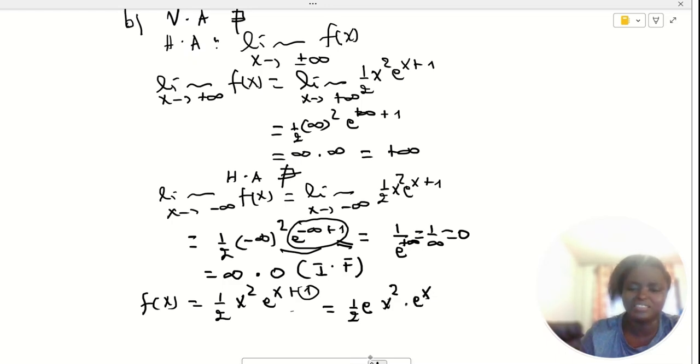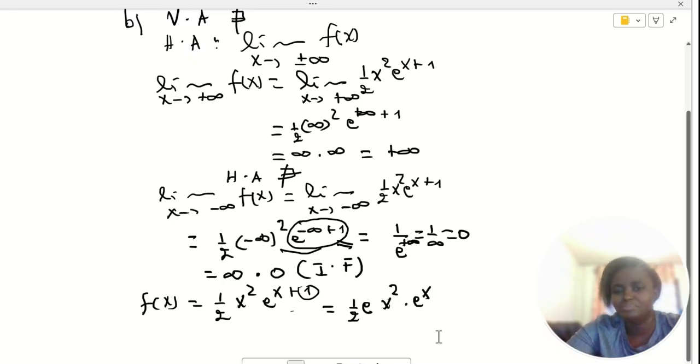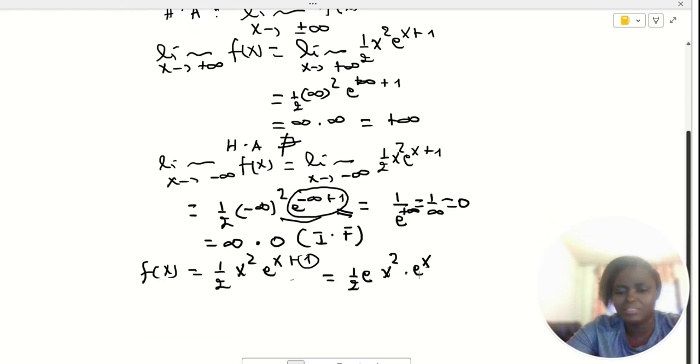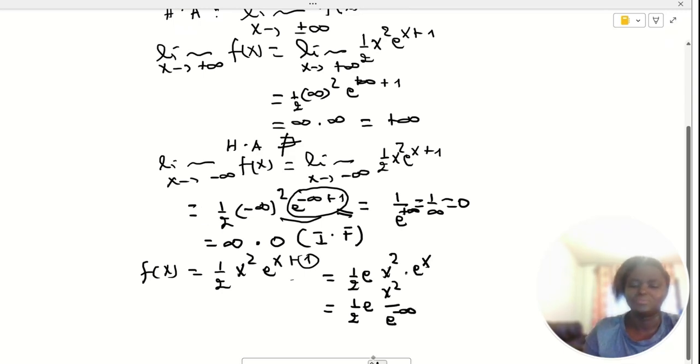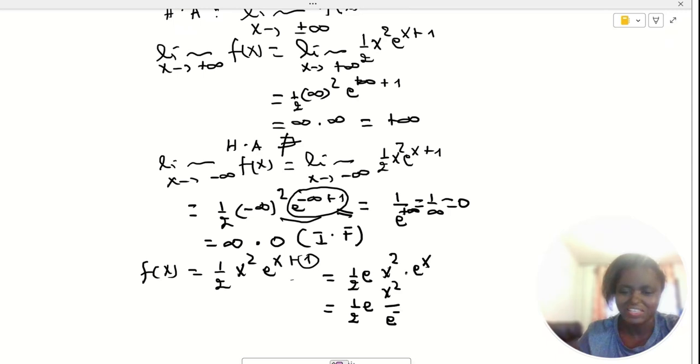And this can be written again as 1 over 2 e times x squared over e power minus x. Let me write it clearly. It's e over e power minus x, like this.